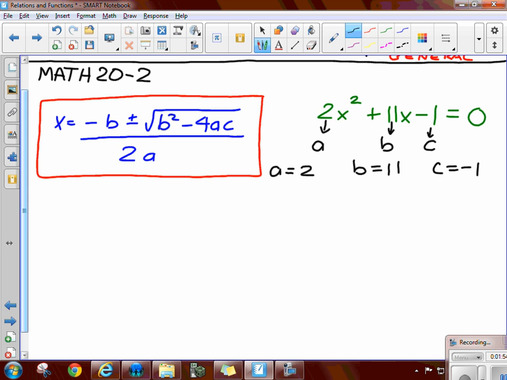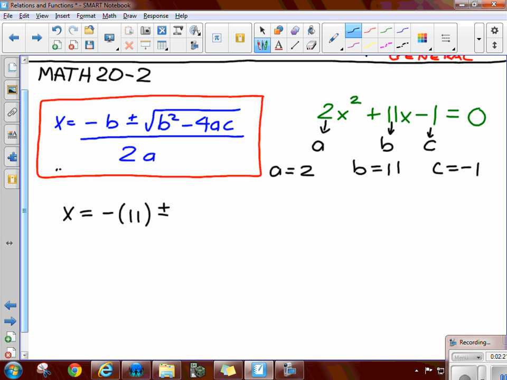So the quadratic formula above here: x equals -b plus or minus the square root of b squared minus 4ac, all over 2a. This is where we have to plug these A, B, C values in. So we're going to start. We're going to say x equals, and we're saying x equals because it will tell us our x-intercepts. It says -b. So if I look, my b is 11, so I'm going to say -11. I'm substituting in with brackets.